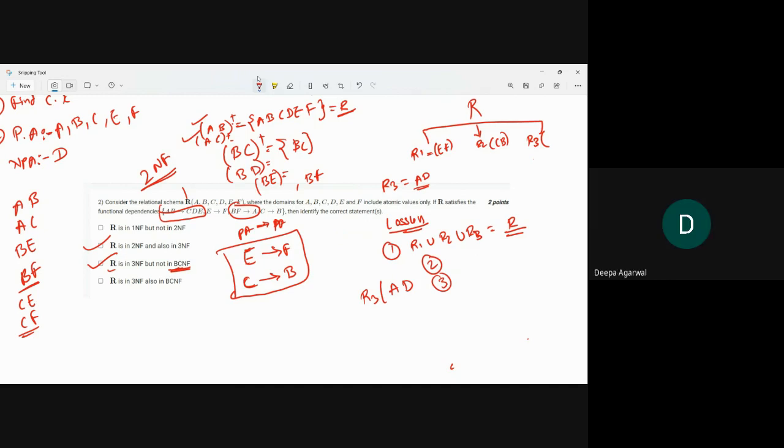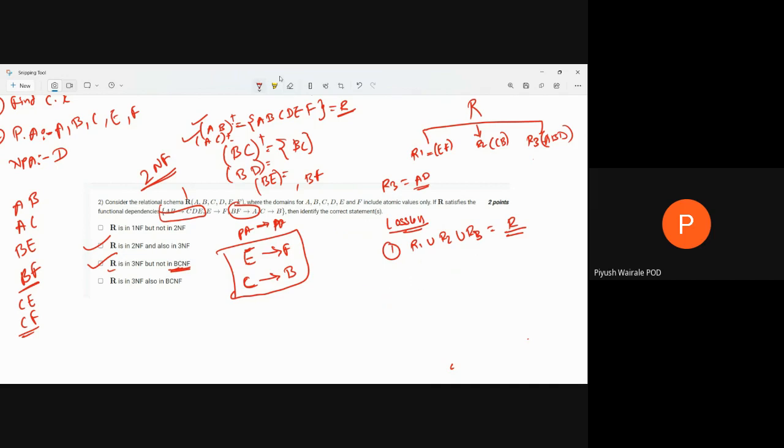ADB, right? If I add B here, so A, B, D, right? So A, B, C, D, E, F, all the attributes are present. So my first condition is satisfied, right?